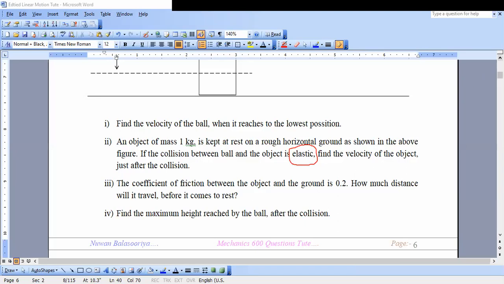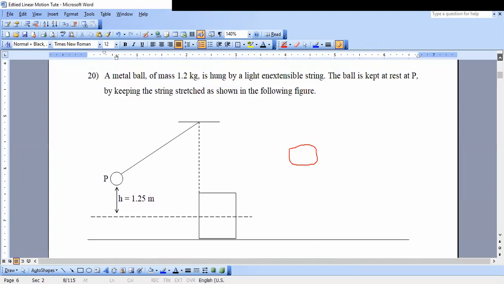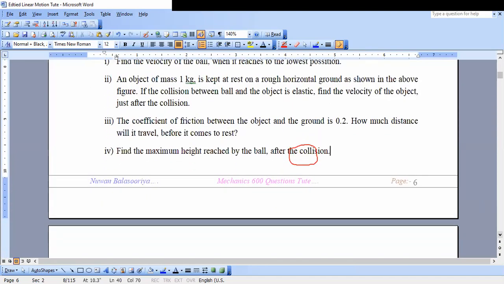What is the mass of the ball? A metal ball of mass 1.2 kilogram. The mass of the block is 1 kilogram. So we want to find the velocity of the object just after the collision, because they have given that the collision is elastic. Finally, they have asked some other questions also. Let's give a try here.